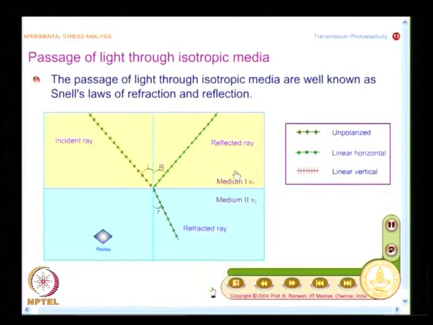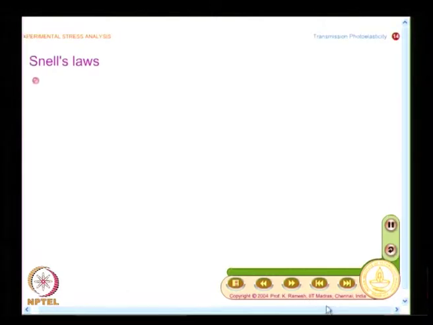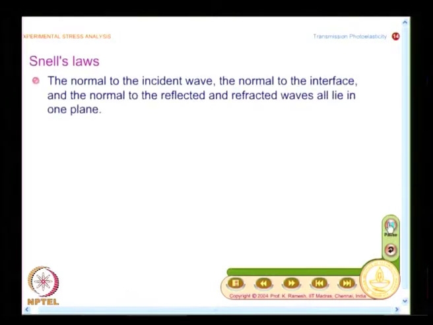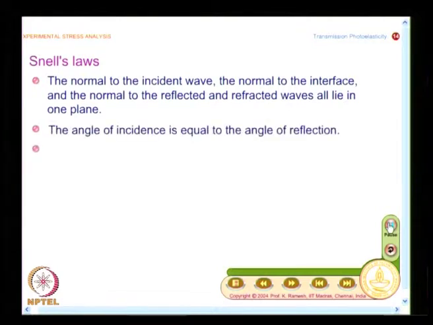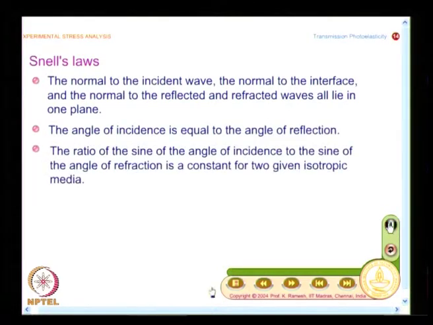And you know very famously that these are all Snell's law of refraction and reflection. We will just look at those statements. These statements you know already, we are only going to have a relook at that.